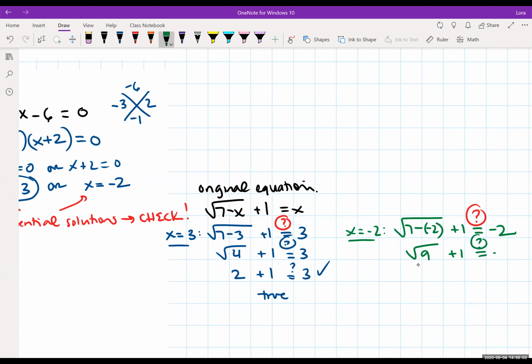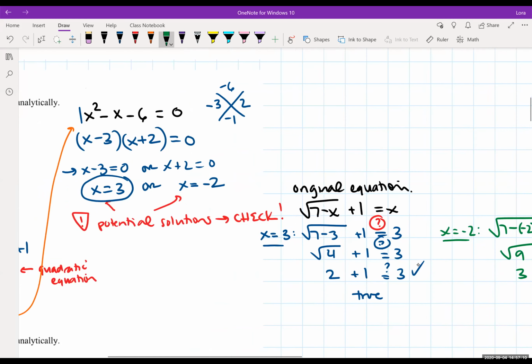Still not sure if it's -2. Except we'll notice, oh yeah, square root of 9 is 3. 3 plus 1 is never going to be -2. That is false. So because we got a false statement here, we know that x equals -2 did not check, so we remove that from our potential solution list.